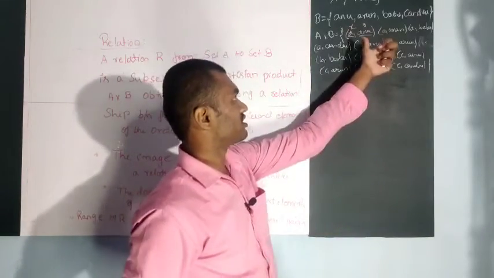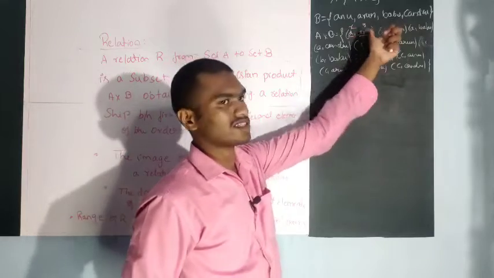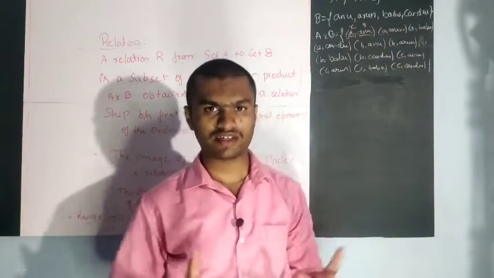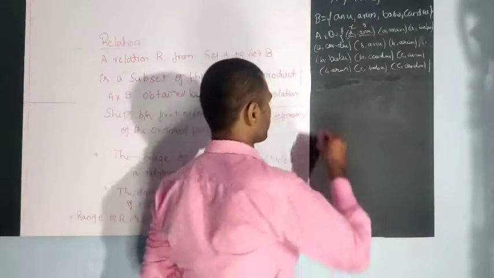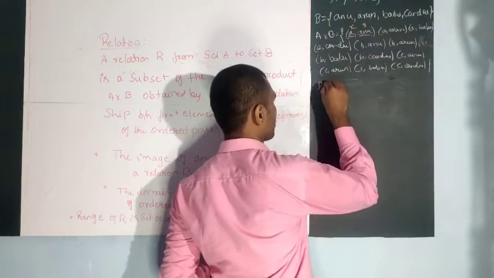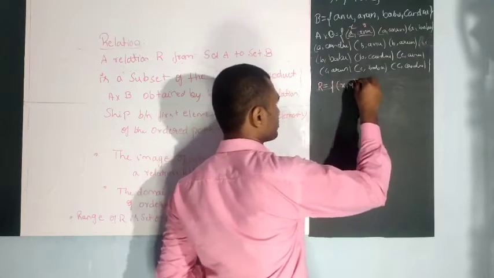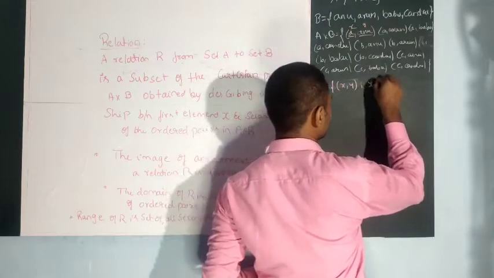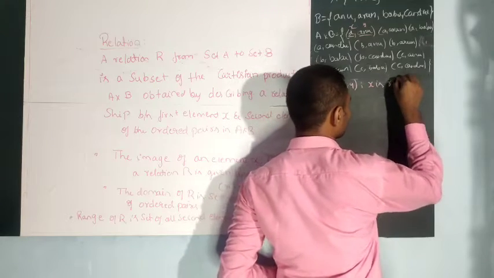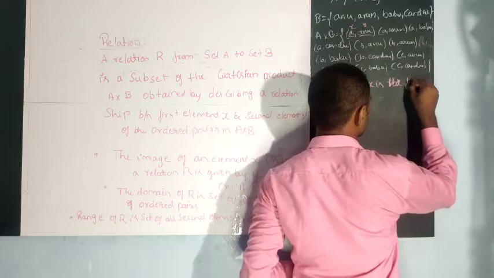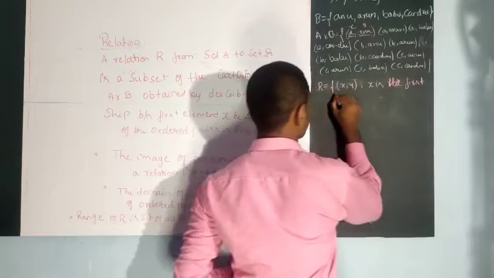To define that, I will say element A as x, element Anu as y. In between x and y, there should be a relation. Like that, I will define one relation. So you can observe that R is equal to x comma y, where x is the first element and y is the second element.